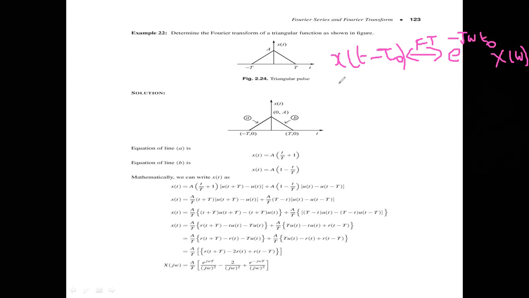Same thing, now I am taking here the r of t. Fourier transformation of r of t is 1 by j omega whole square.